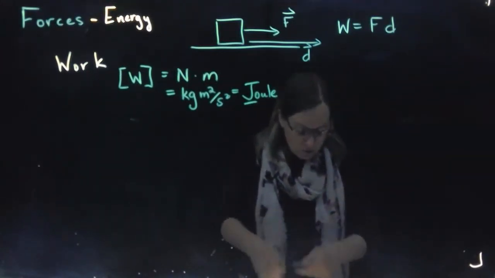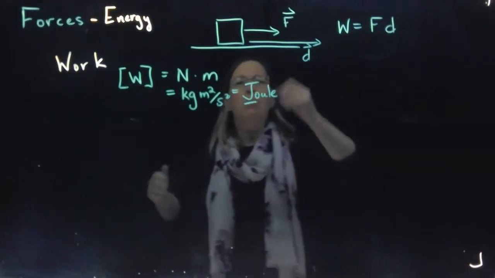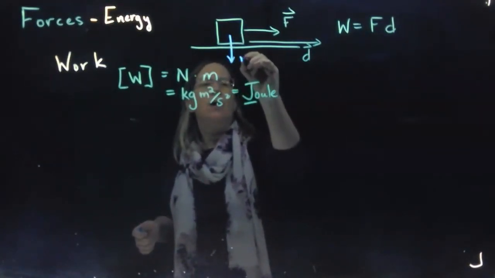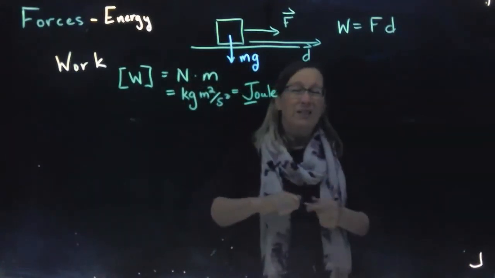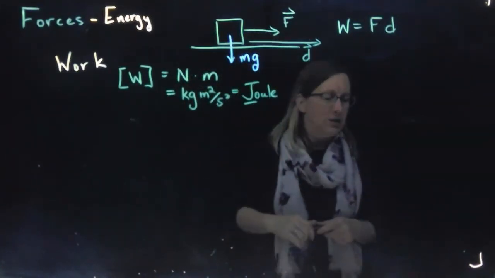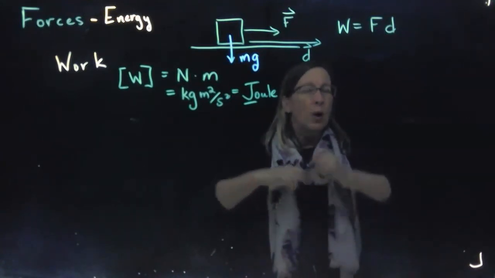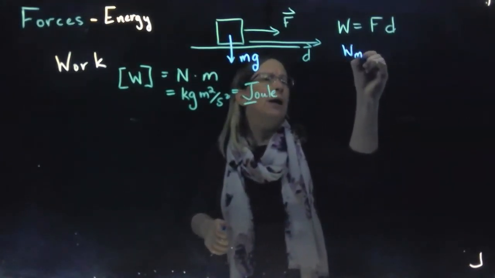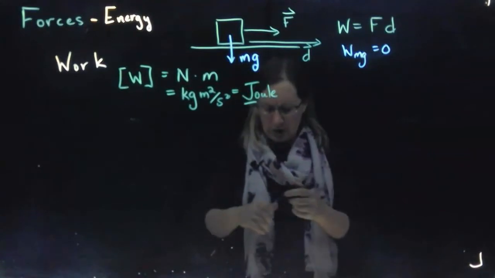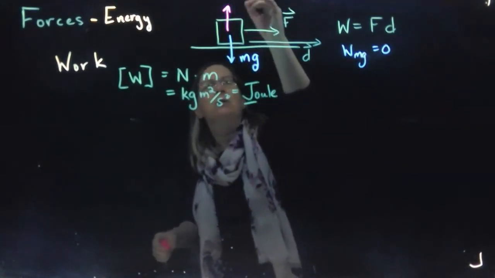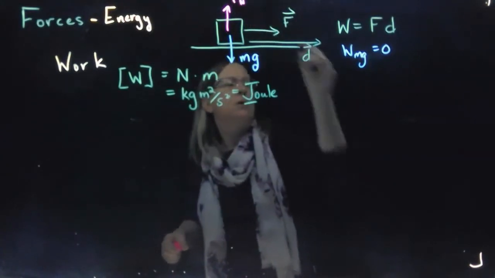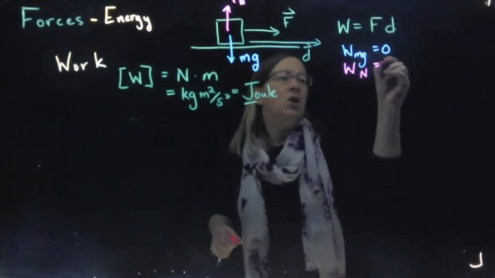But there are other forces that are acting on this block. For example, I have weight that's down. And the weight isn't doing anything to contribute to the displacement, right? So the work done by the weight in this case is equal to 0. Similarly, the work done by the normal force is also equal to 0.